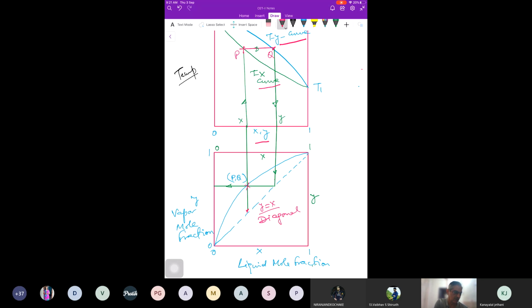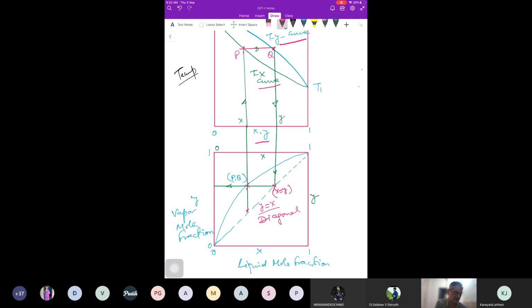x value मिल गया हमारे को, और y value के लिए हमारे को, because y is on the y axis, right? We cannot just take a vertical line. So vertical line goes to equilibrium diagram पे, diagonal पे x is equal to y. On the diagonal of equilibrium diagram, because it is diagonal line from 0 to 1, it is x equal to y. So basically we are converting from x axis to y axis.